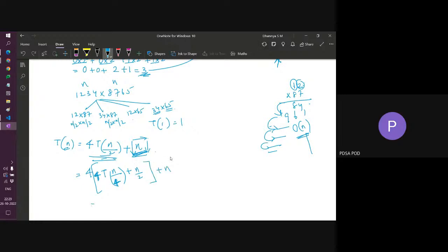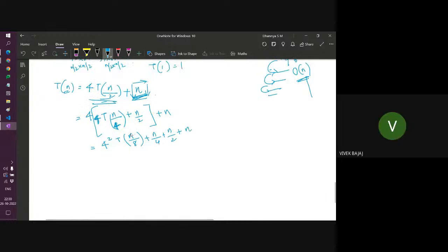This is equal to again 4 squared, then you have T of n by 8 plus n by 4 plus n by 2 plus n. Okay.